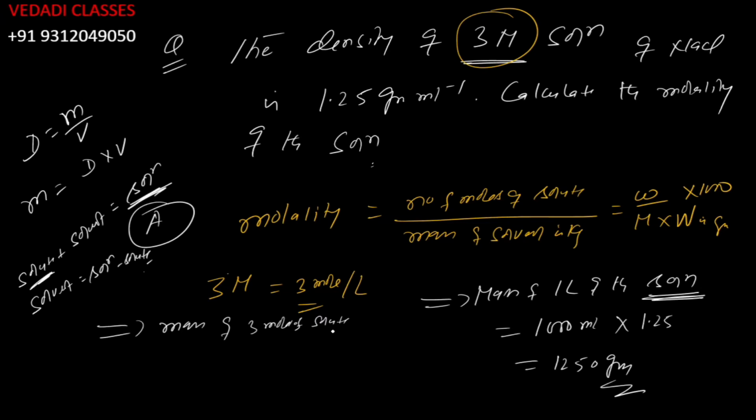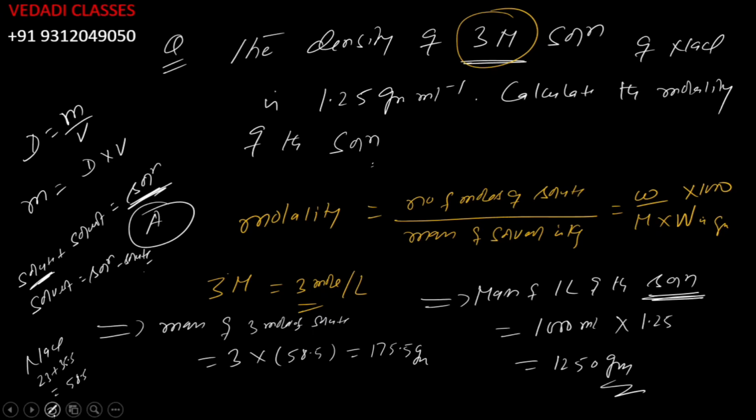Now the 3 moles solute is NaCl. For 1 mole, NaCl is 23 plus 35.5, which means 58.5. When you multiply it, you will get near about 175.5 gram.